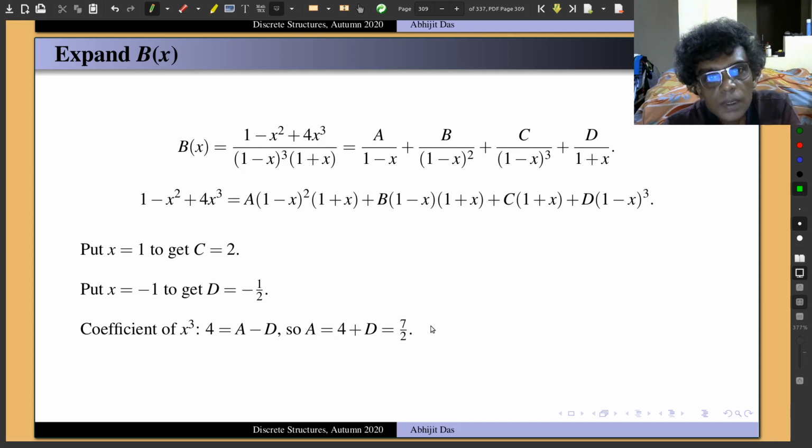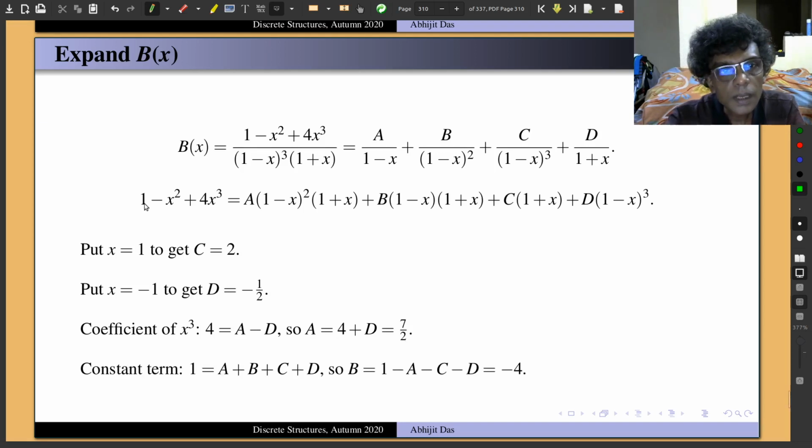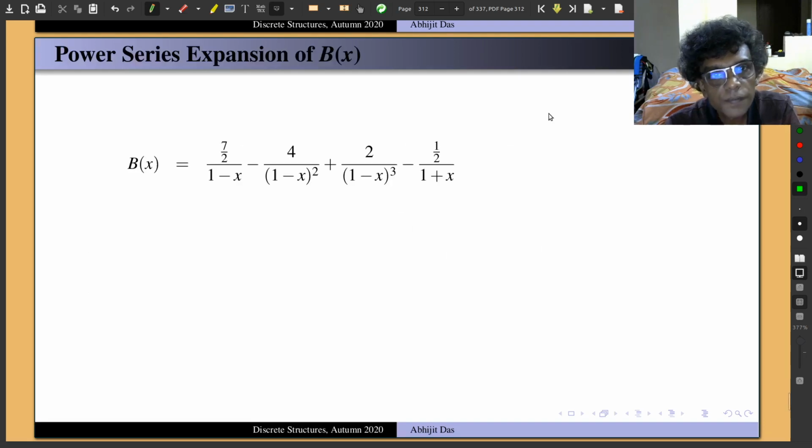Finally, maybe I will look at the constant term. This is 1 here, and this will be a plus b plus c plus d here. But I have already got c, d and a, so I can obtain the value of b as minus 4. So now I have an explicit decomposition of this in this nice form. Okay. So I have 7 by 2 for this.